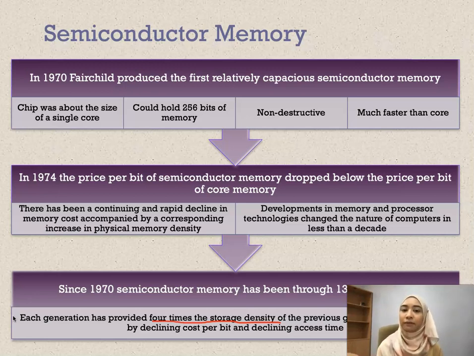For example, you have your i5 generation 5, i5 generation 7. Between generation 5 and generation 7, you would get much better storage, even though they are still called i5. Okay?